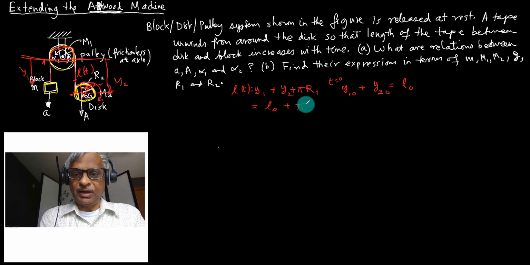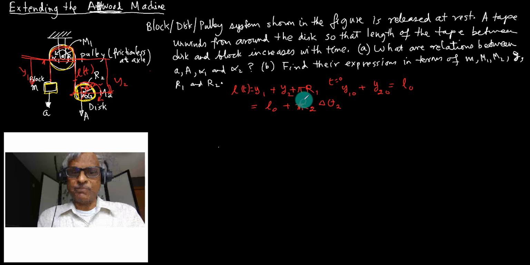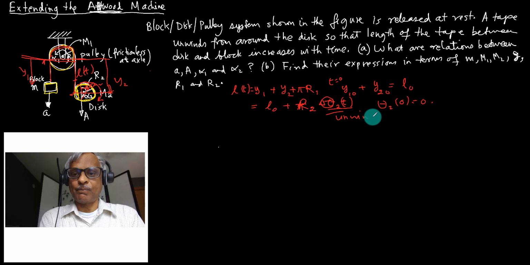L0 plus, not pi times, R2 times delta theta 2. So however much it unwound in time t. So you can just say theta 2 at t, and theta 2 at 0 is 0. So this is the amount of unwinding of the disk.